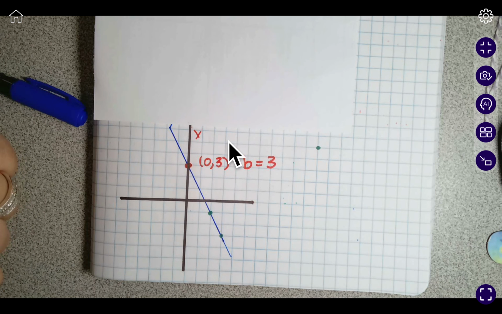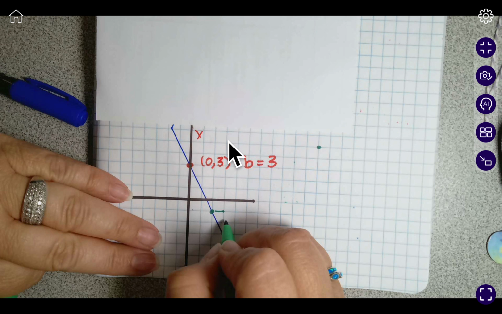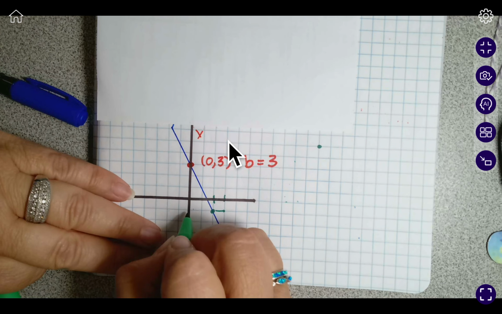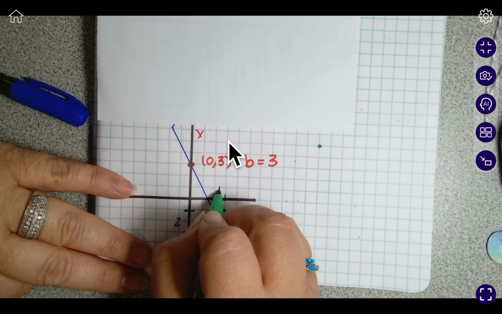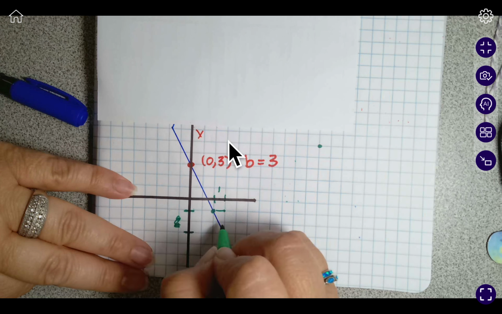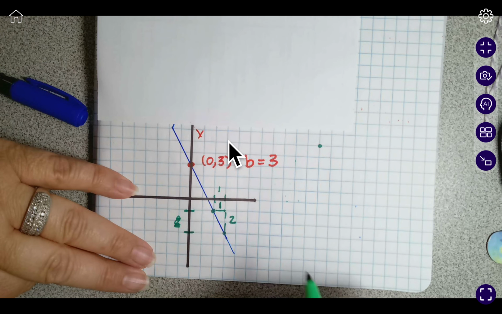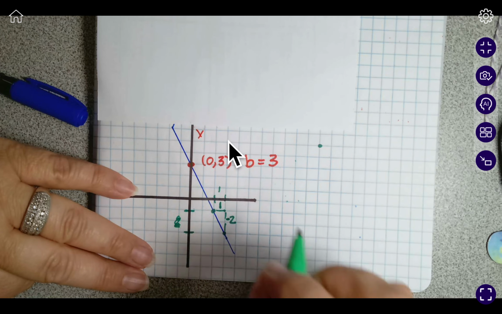All right. And then this goes over 1. So it goes from here to here, and then it goes down 2. You can see 2 spaces. Oh, let me put them here. 2 and then 1. And it's down, so it's got to be negative.